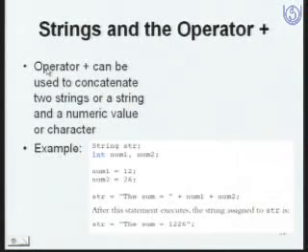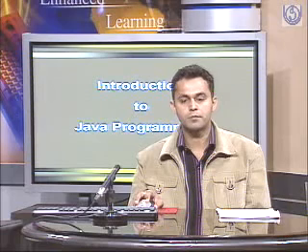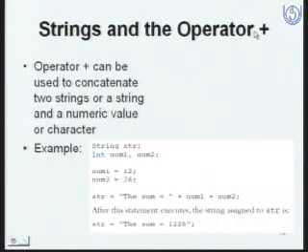Strings and the operations. What are the operations that we can do with strings? The first is the plus operator. The plus operator can be used for concatenation of two strings.